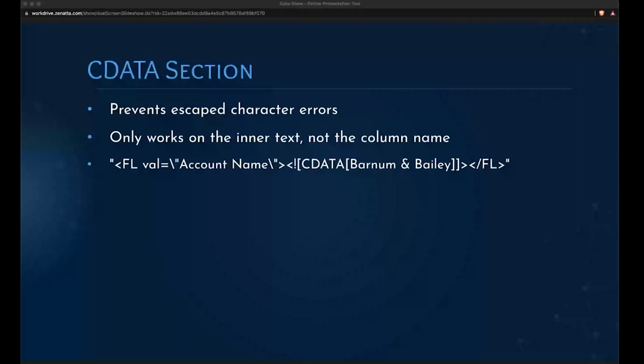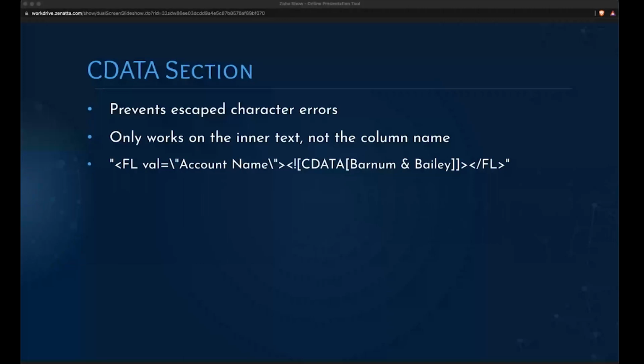It tells the XML that anything in between these inner square brackets should just be interpreted as straight text. Don't assume any of these are functional triggers, just treat everything as a literal character. Unfortunately, that does not work inside of the attributes for the tags, only for the inner text between the tags.